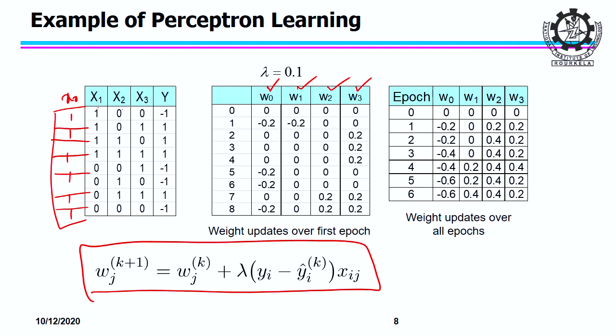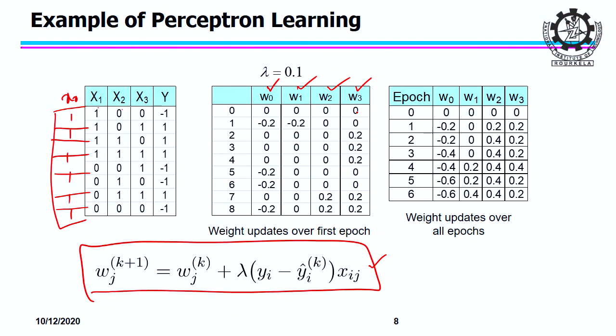Okay. So, now what do you do? I want to update and get the values w0, w1, w2 and w3 using what I told previously. Now, first we consider that all weights are 0, that is w0, w1, w2, w3 are all 0.